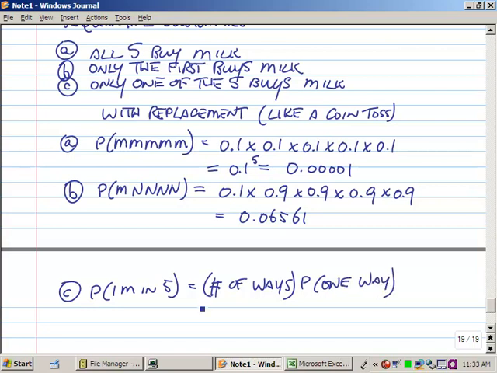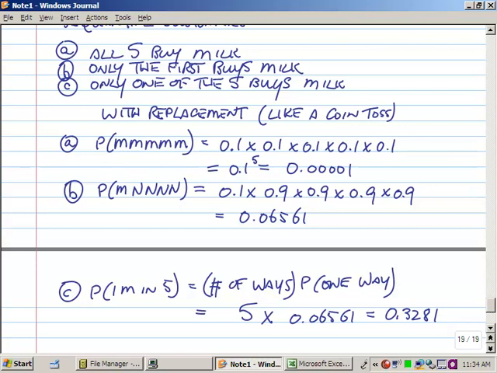How many ways are there of getting 1 milk in 5? Well, either the first could have milk, the second, or the third, or the fourth, or the fifth. There are 5 ways. Okay, so it's a probability of one way. Well, part B tells you the probability of one of those ways, right? The first one gets milk, and that's 5 times 0.06561. Alright, and the answer to that is 0.32805.